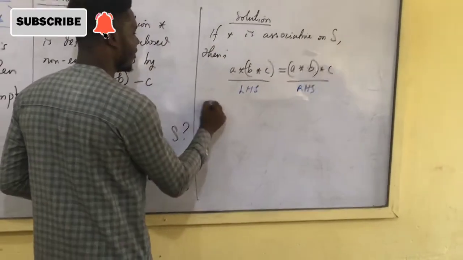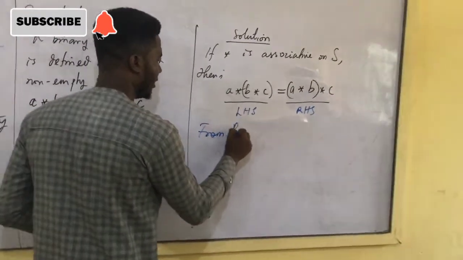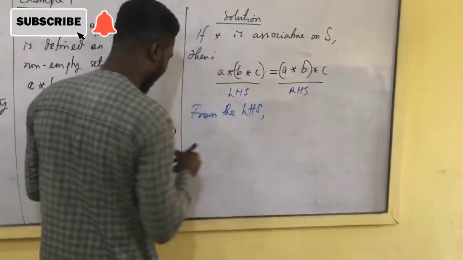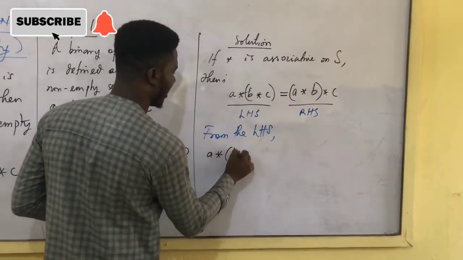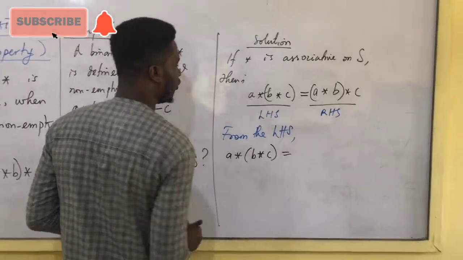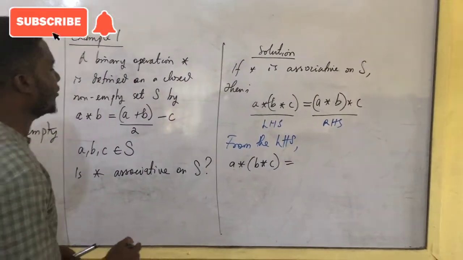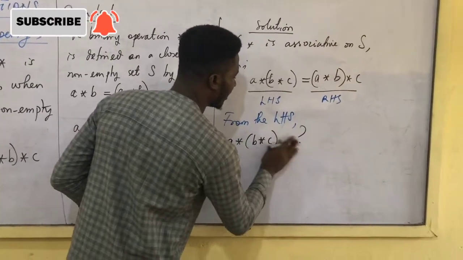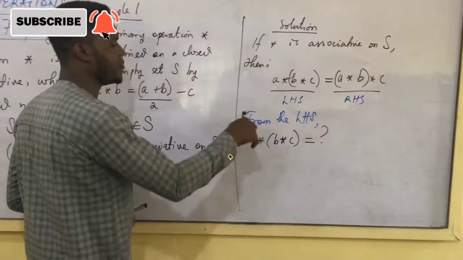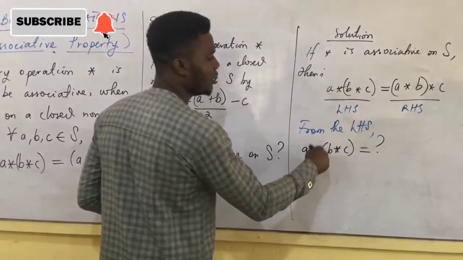So I'm going to say from the left hand side, A asterisk (B asterisk C) will be equal to, now I'm going to do this. Let us call what A asterisk (B asterisk C) equals unknown.